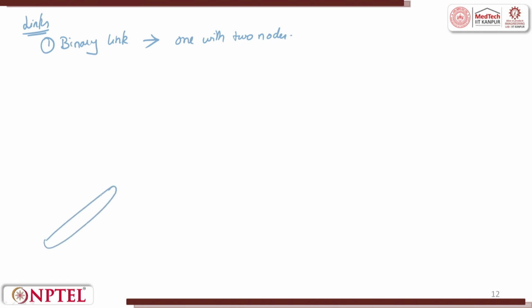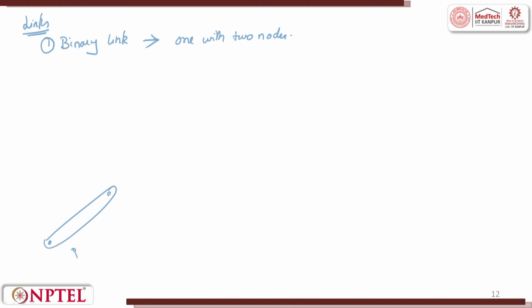Okay. In links, there are different types. One is called a binary link. Binary link means one with 2 nodes. So, I will have a link. This is a link.